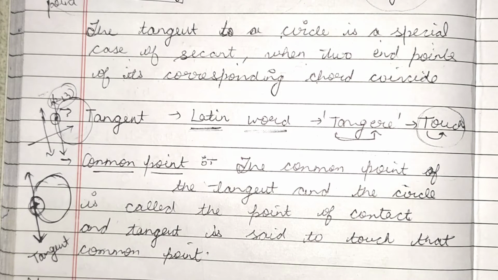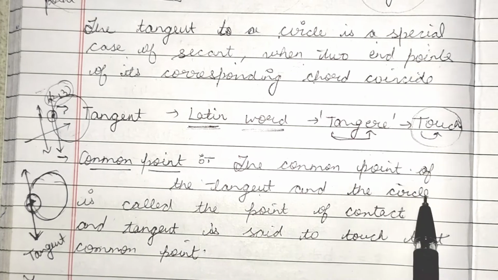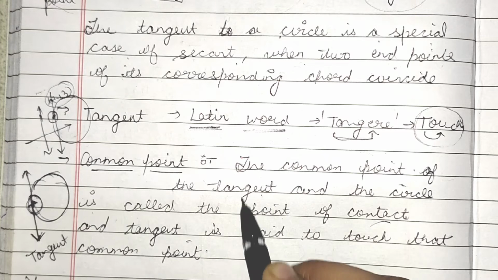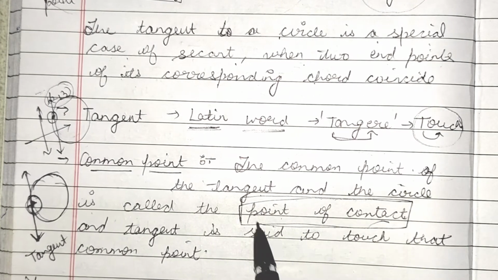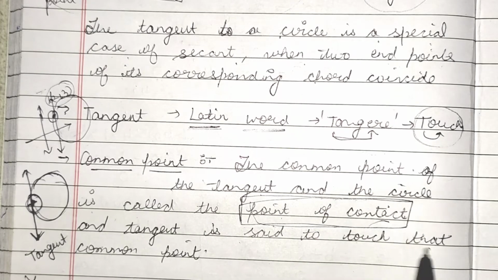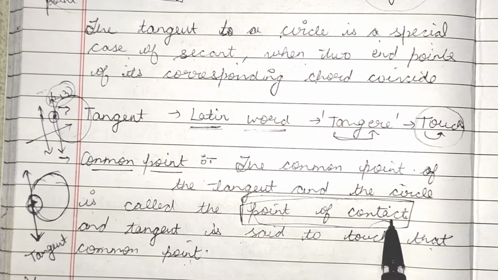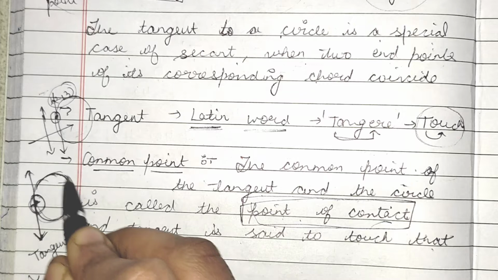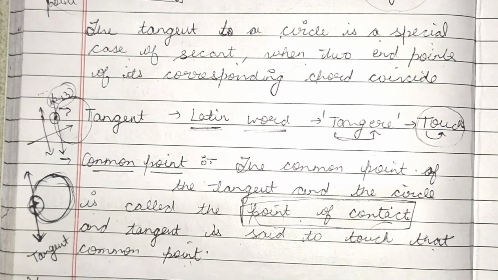So that's why this is called a common point, because both are passing through a single point. That common point of the tangent and the circle is called the point of contact. The tangent is said to touch at that common point. Point of contact means the point at which they are coming in contact, touching and joining each other.